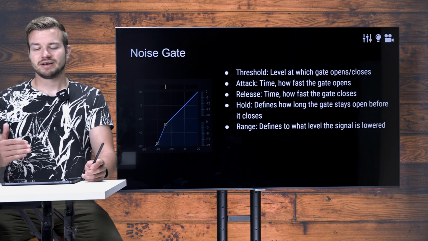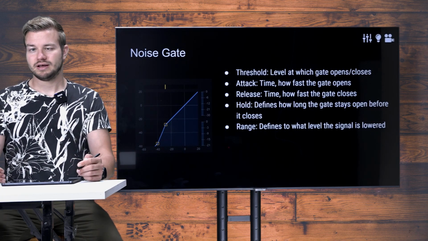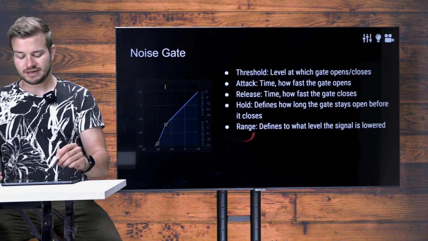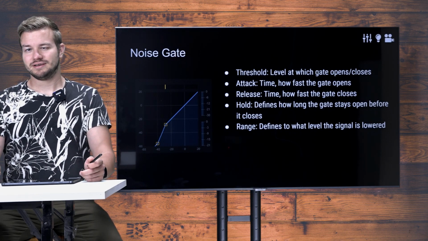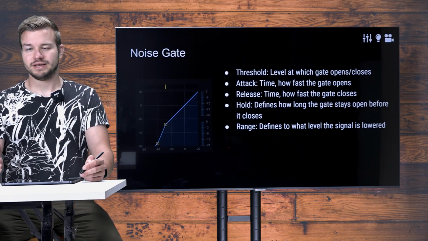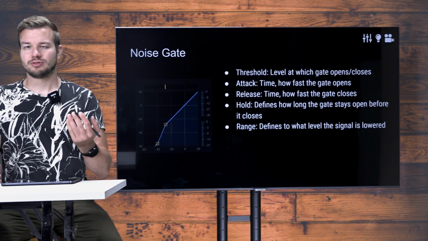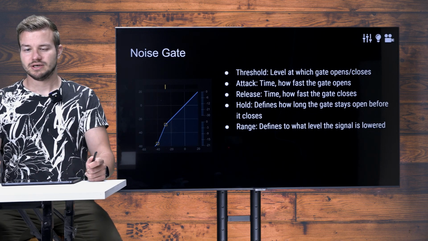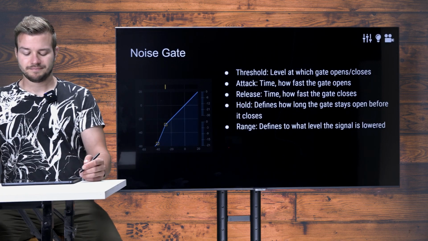So we can have a closed gate, but there is still some input going through. I normally use a range of infinity. I normally just switch off any audio bleed completely, but there might be use cases where you still want to let a little of the surrounding noises come through. So that would be the range, how much you turn it down.